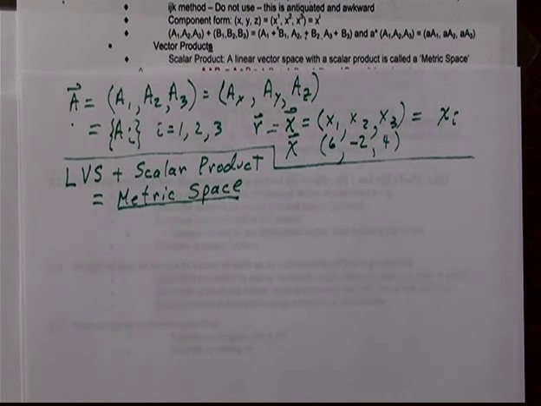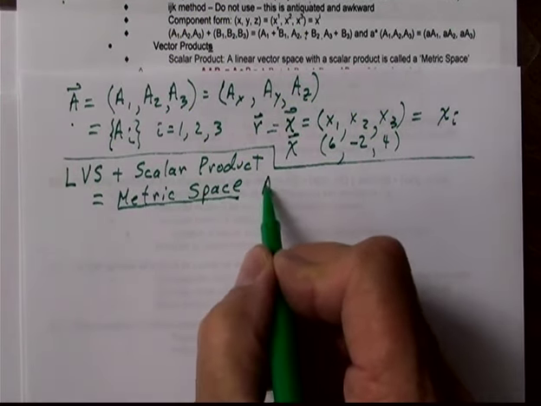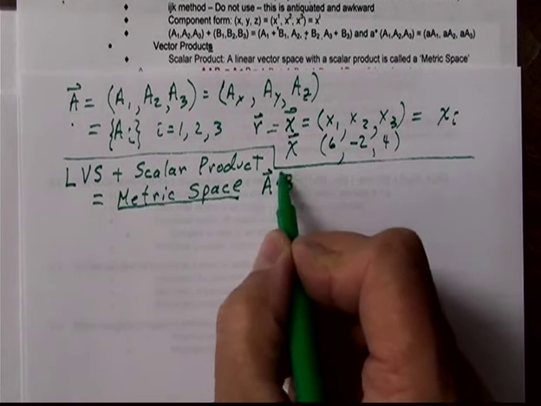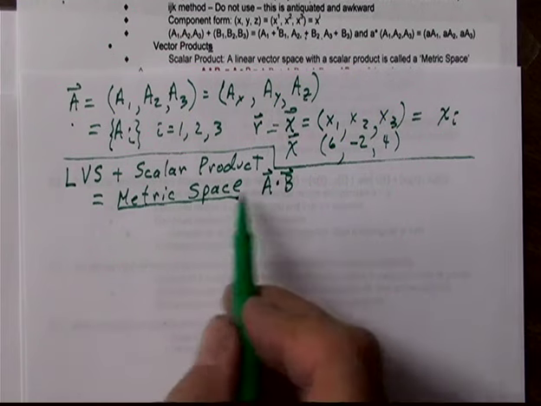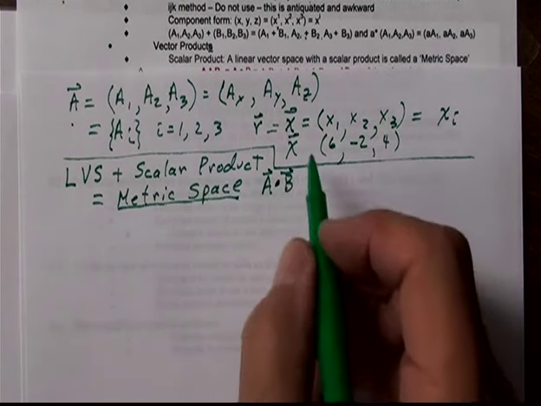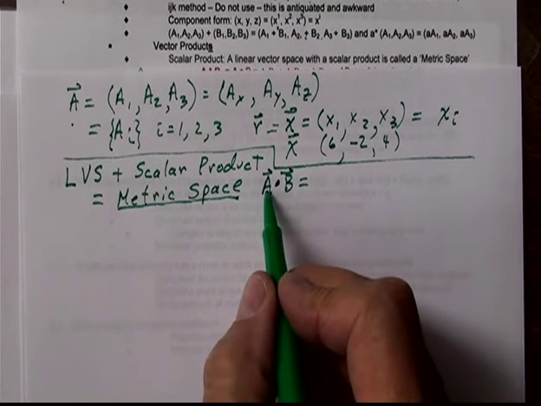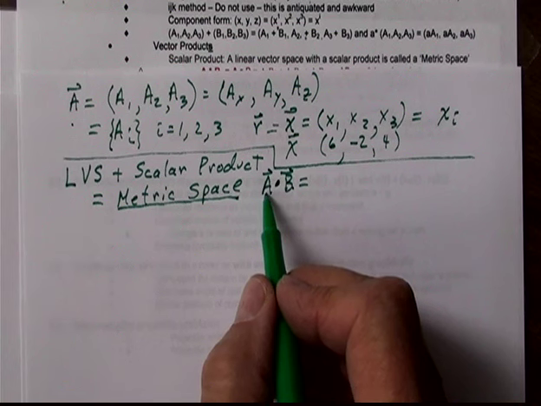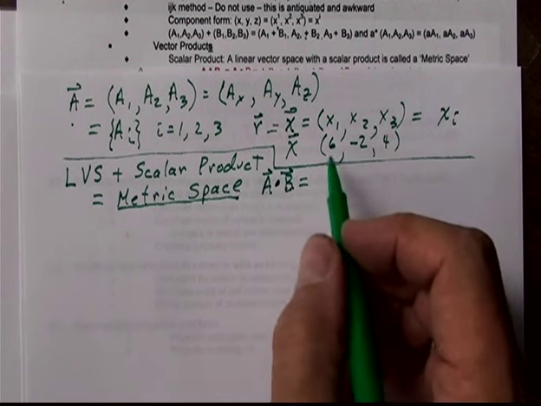And what is the scalar product? The scalar product between two vectors like A and B is written as A dot B. Therefore, it's sometimes called, rather than a scalar product, a dot product. And this dot product is the first component of this times the first component of that, plus the second of this times the second of that, and so forth.